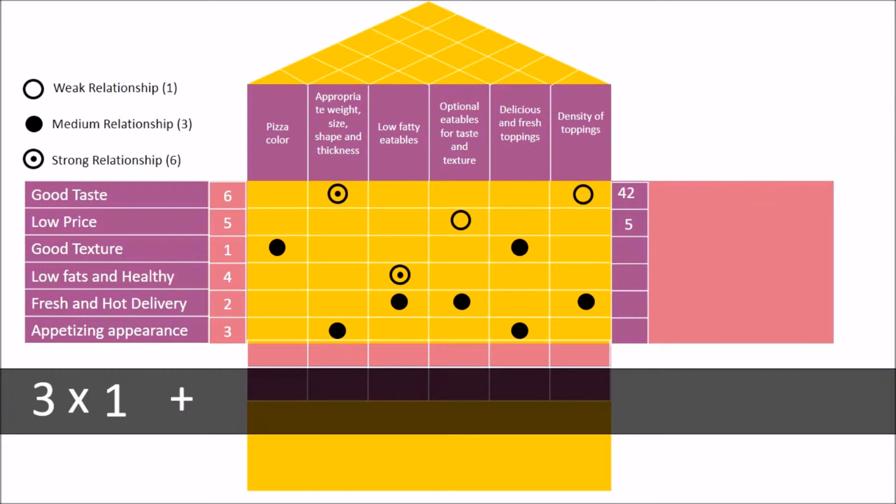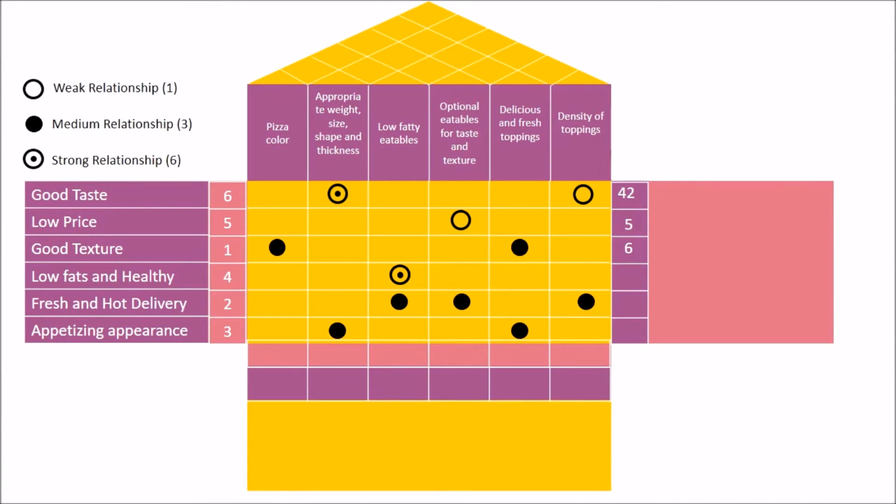The value of it is 3, and then we are going to multiply it with the importance rating of good texture, which is 1. We're going to add both and we're going to get a 6. Okay, and this is how we will do it for the next 3 rows. And I'm going to get a 24, 18, and then 18 again.